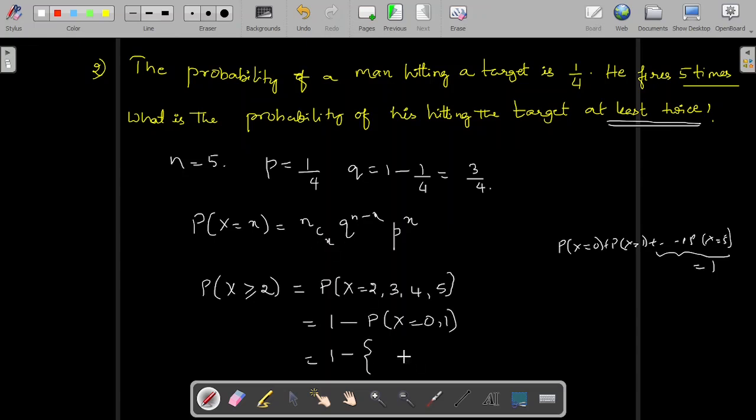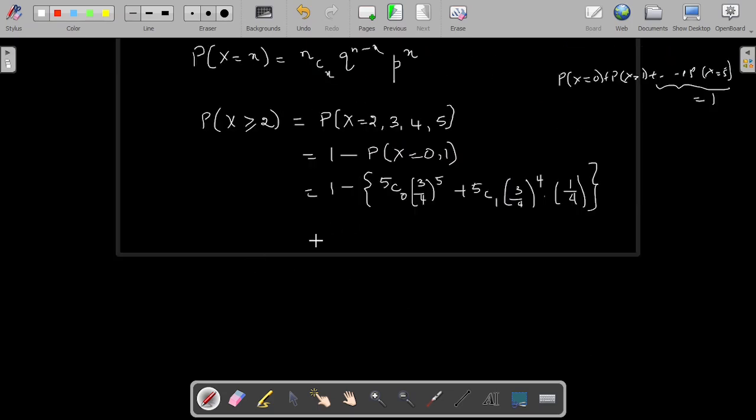So let us find only for x equal to 0 and x equal to 1. n is here 5, 5C0, q is 3 by 4 to the power 5, then 1 by 4 to the power 0, plus 5C1, 3 by 4 to the power 4 into 1 by 4 to the power 1, as per the formula. Now let us simplify this. 1 minus 5C0, nC0 is 1, 3 by 4 to the power 5, plus 5C1 is 5, 3 by 4 to the power 4 into 1 by 4.